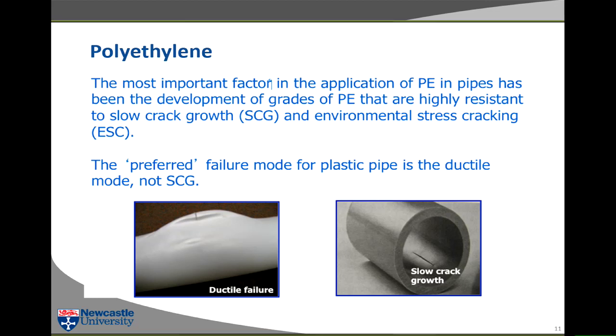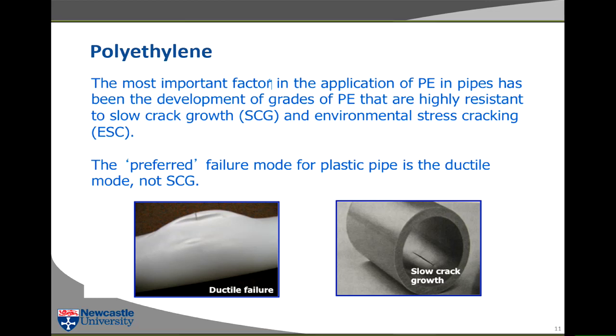And when the failures were examined, they didn't look like this, they looked like this. So there was a different phenomenon, a completely different phenomenon. And this is called slow crack growth. Have we come across stress corrosion cracking in metals yet? No? Well, you will do.